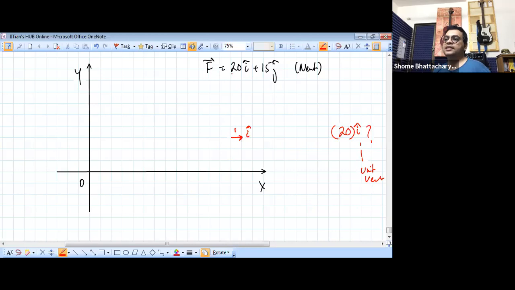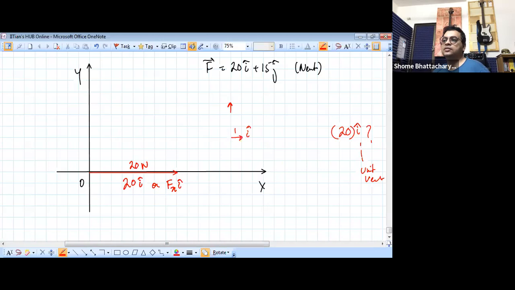So 20 i cap is just a vector of 20 units along the x-axis. So this is my vector 20 i cap, or in this case Fx i cap, where Fx is 20. It's a vector of magnitude 20 newtons, along the positive x-axis.